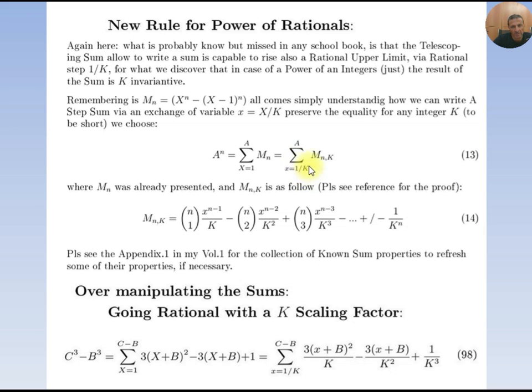Of course, this k has to divide a, but I know that for any integer k dividing a, I can write here the general complicate rational modulus: n over 1, this is the binomial representation of x to the n minus 1 over k, minus n over 2, etc., till the constant term, which is plus or minus, depending on the n we choose, 1 over k to the n.